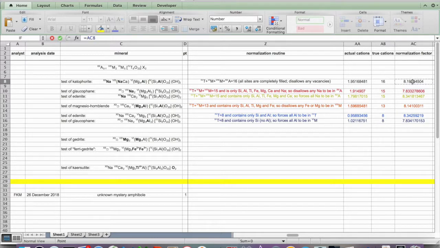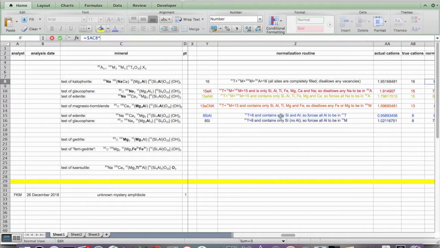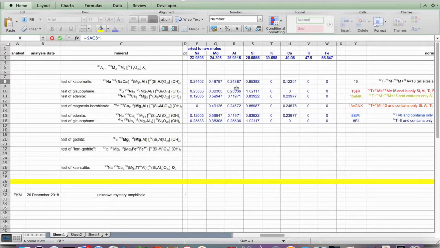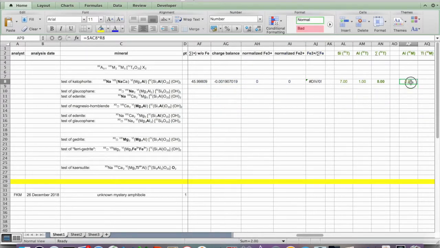So it'll be the normalization factor, again, I'll put the $ in front here, times the amount of aluminum that we have, which is right here. But we have to subtract out the aluminum that we've already used over here.